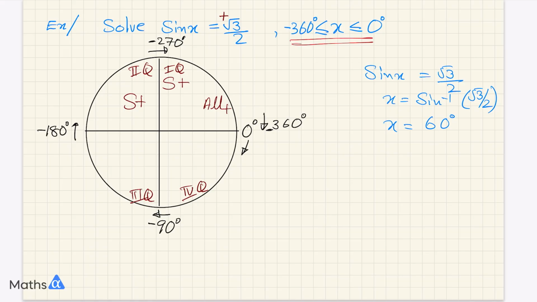We have to draw these two cross lines through the origin, right? Why do we do that? It helps us to read the required angles, which are basically the solutions to this trig equation, right? So next, I'm going to put this 60 degree angle here, right?